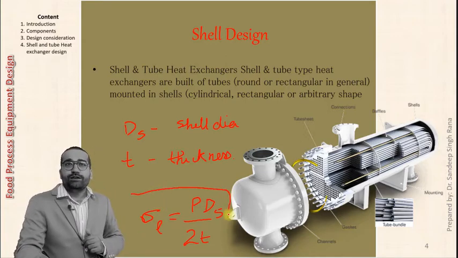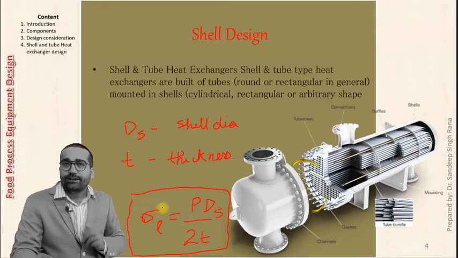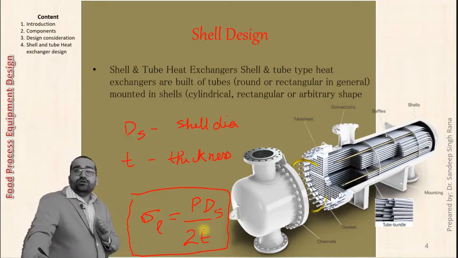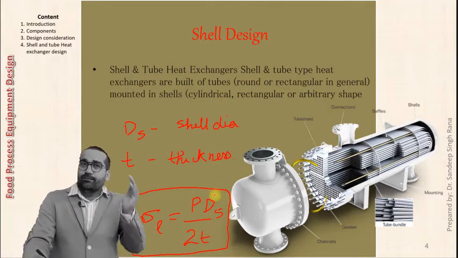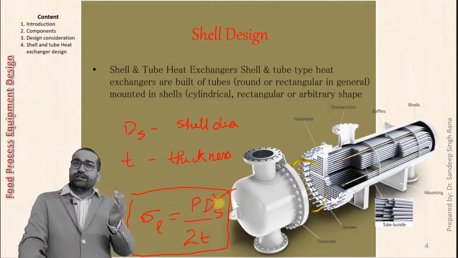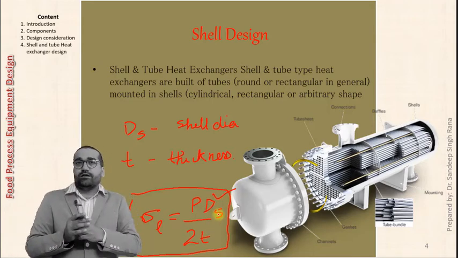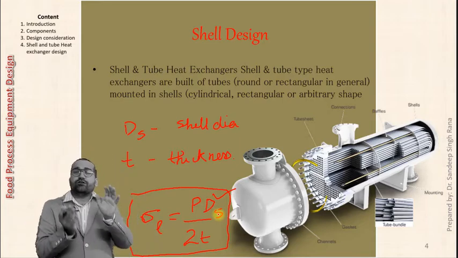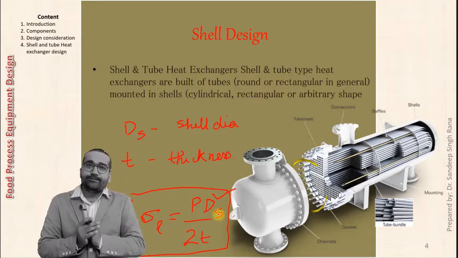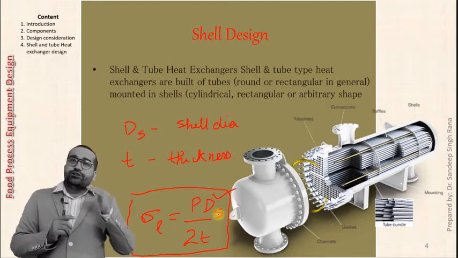Whereas the formula will be different for designing the diameter of shell and tube type heat exchanger. That formula we will see later, because when designing for diameter, we should consider other components also, like diameter of the tube, size of the tube holdings, or what we call the tube plate, and the pattern of the tubes, pitch of the tube.